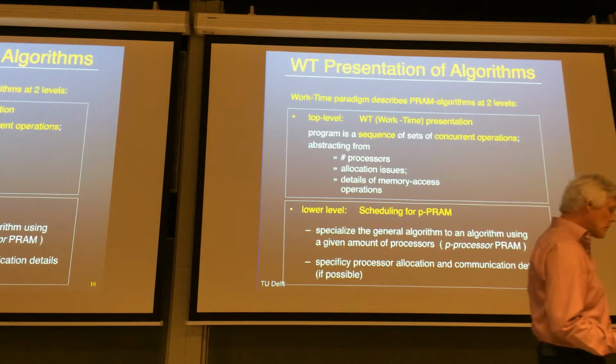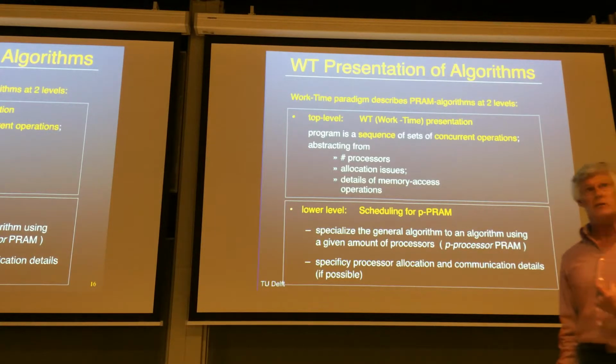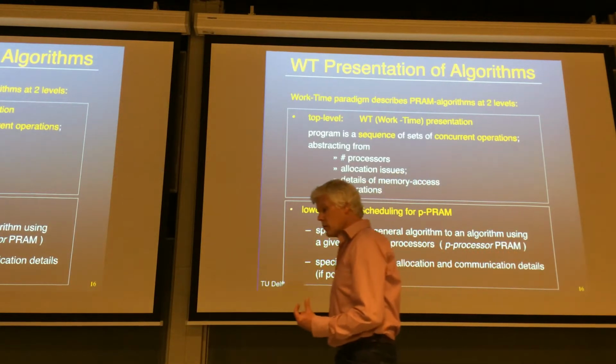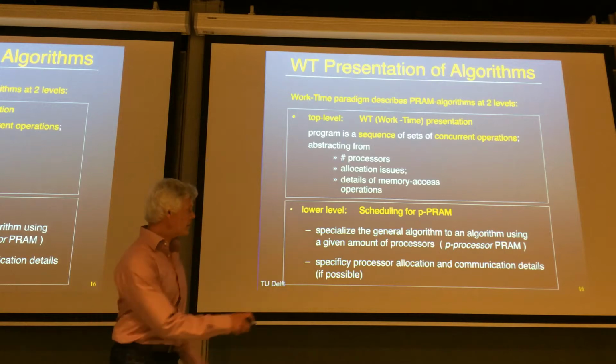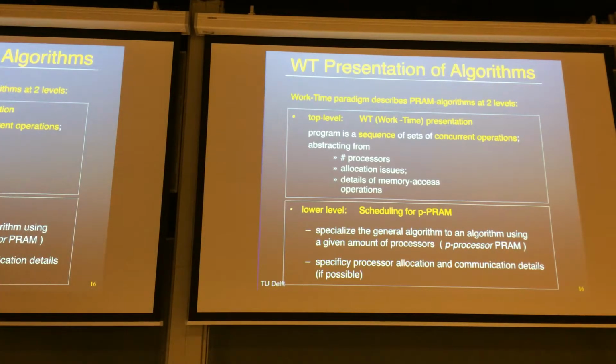Well, how to specialize your algorithm to a fixed amount of processes? We will provide you with some methods that ensure that you can check that your algorithm specialized to a fixed amount of processes is still optimal if your original, very general algorithm is optimal. That you don't lose efficiency by specializing your algorithm, that you did the best you can.